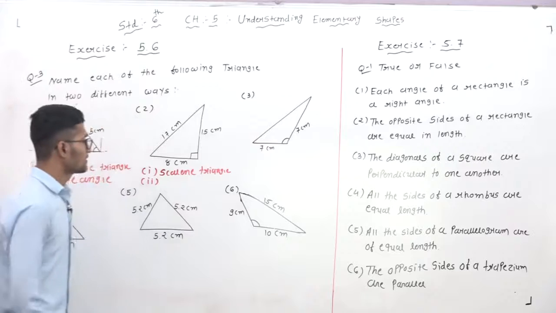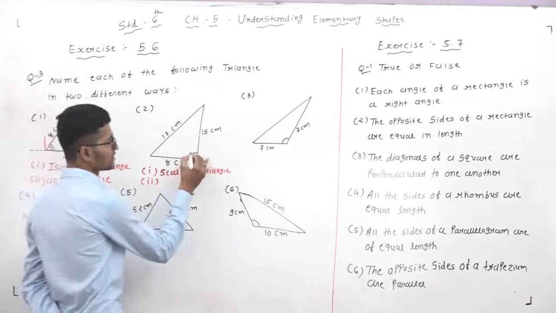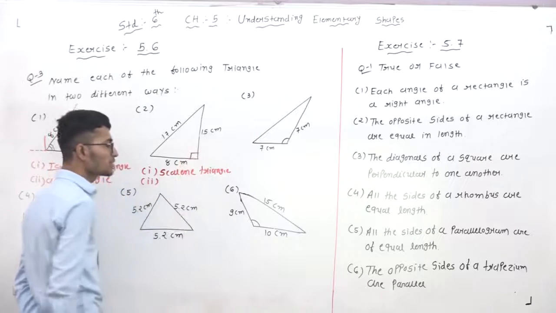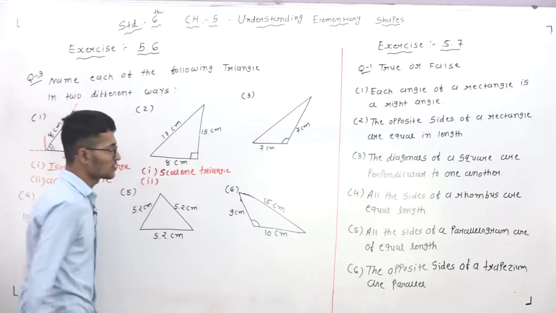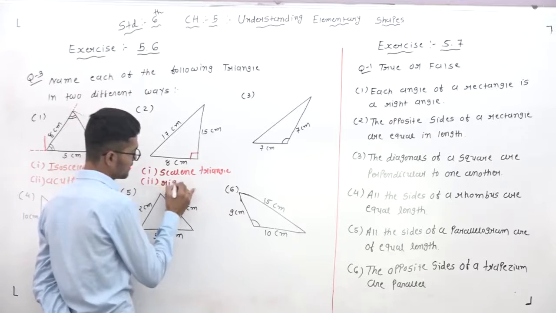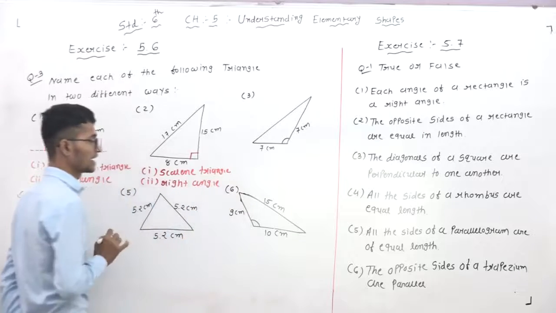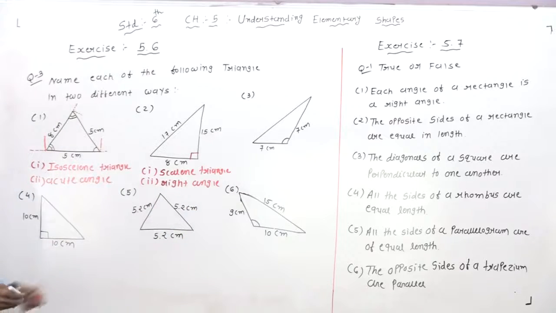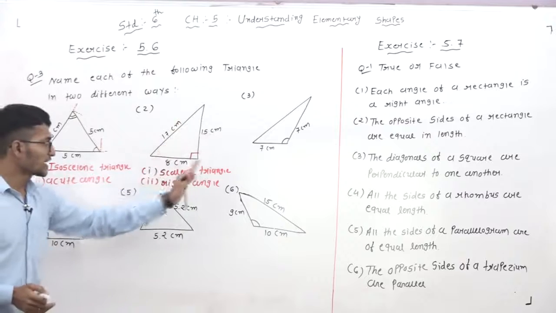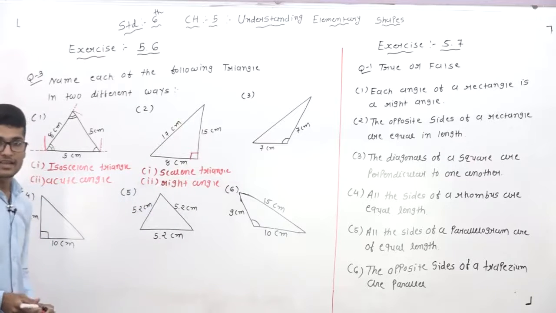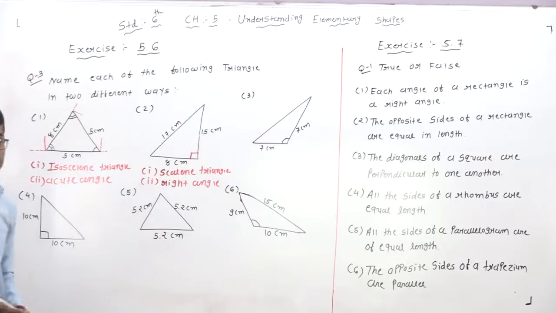Then after, one angle is given. Which type of angle is this? This one is the right angle. It's called a right angle triangle. So these are the two ways: scalene triangle and right angle triangle.